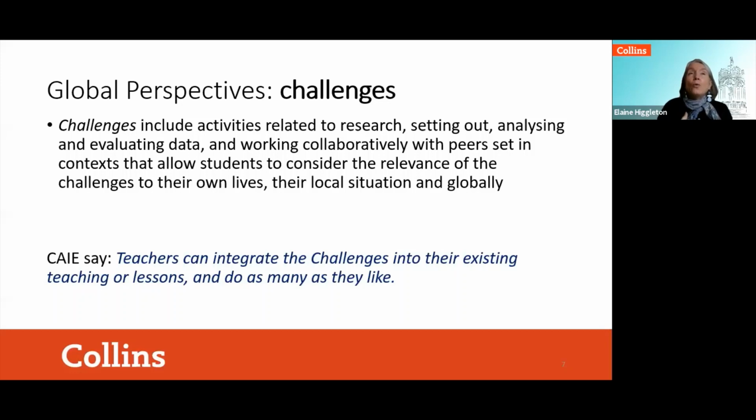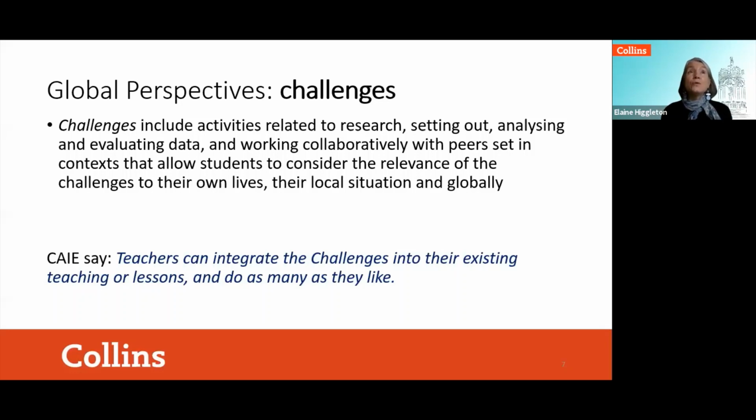But that also bring in an opportunity to carry out research, analysis, and the evaluation of data, and to demonstrate problem-solving skills.